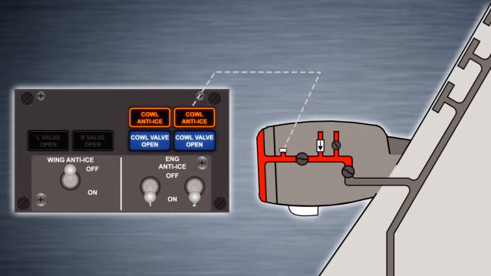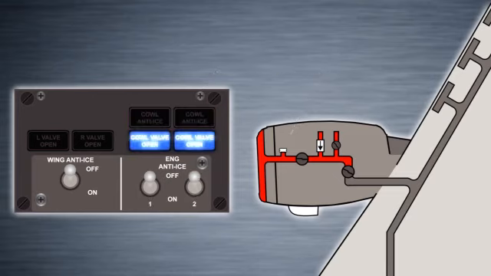The cowl anti-ice valve is a pneumatically operated butterfly valve spring-loaded to the closed position. With the engine anti-ice switch set on, the valve is held open by bleed air pressure. Precise position of the cowl anti-ice valve is controlled by a regulator which adjusts the pressure holding the valve open.